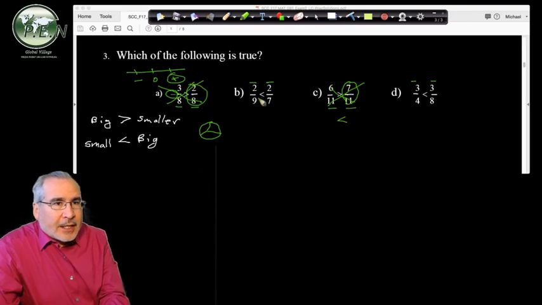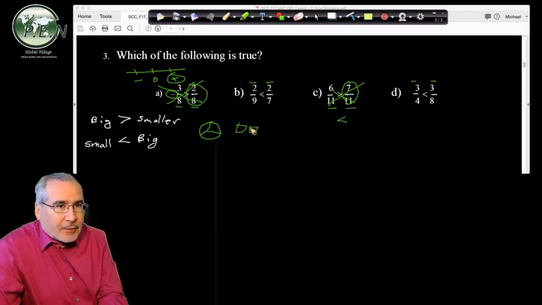Now let's look at what happens when the tops are the same, the numerator is the same. So in both cases, we've got 2 pieces of something. What we have to look at is which of the pieces are bigger. Your gut instinct might say that 9ths are bigger because 9 is bigger than 7, but what does the 9 mean? It means we took something that was a whole and we divided it into 9 pieces.